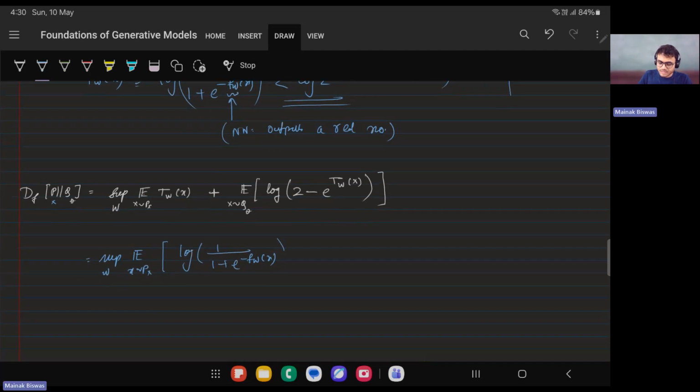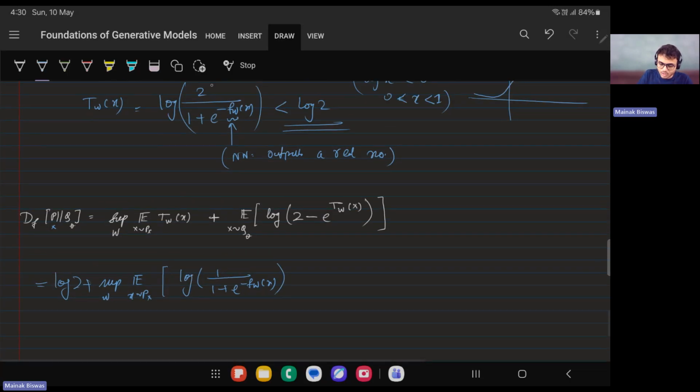Okay, so this becomes this, and I have some constant log 2s to take out. I just pulled this log 2 out because it's a constant. So now plus the expected value of x belongs to q theta, log of 2 minus, now e to the power log, so this is log of something.